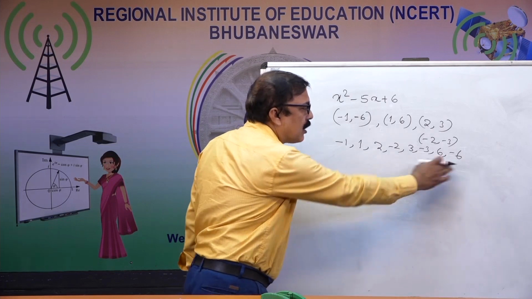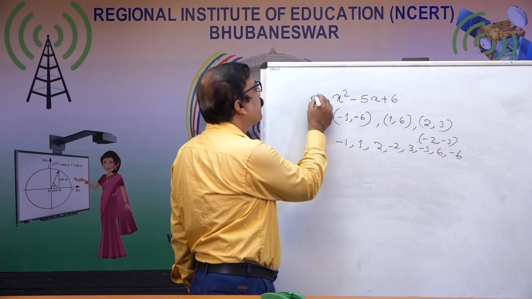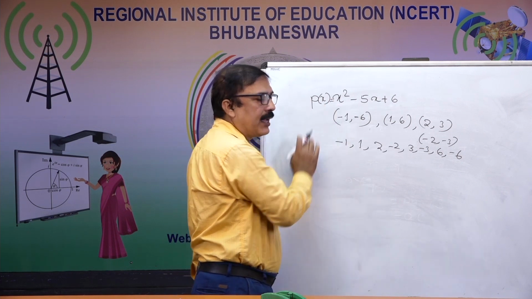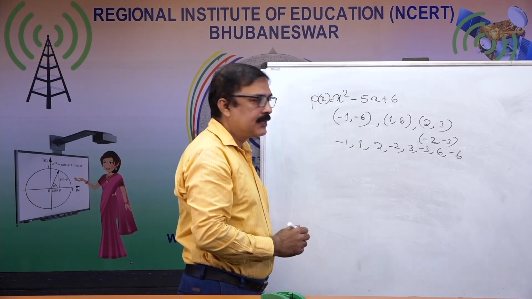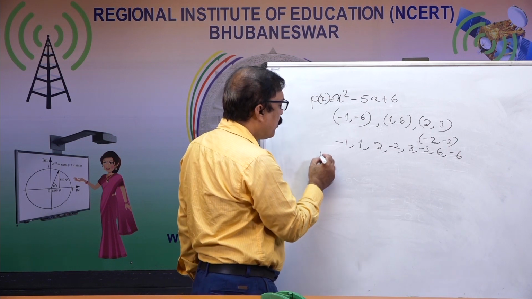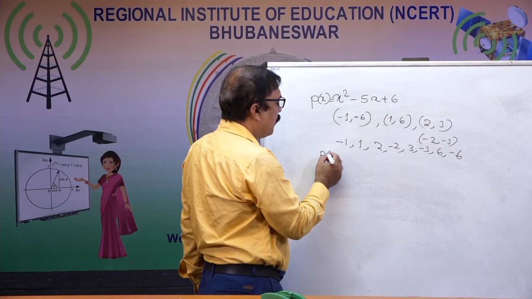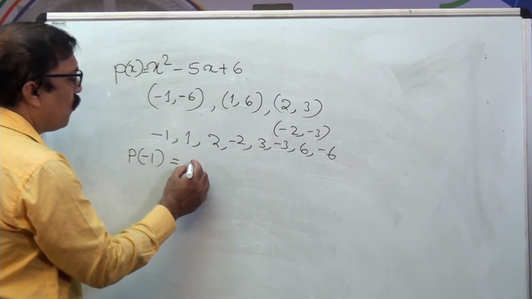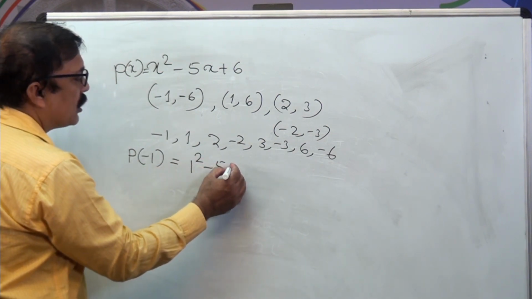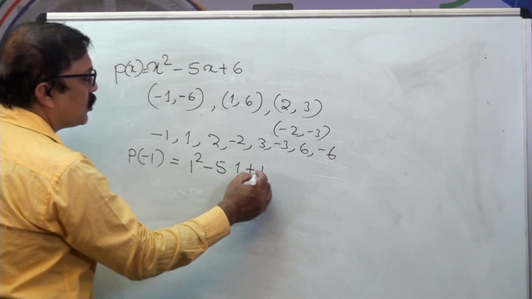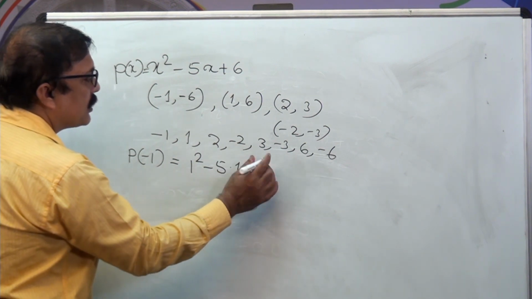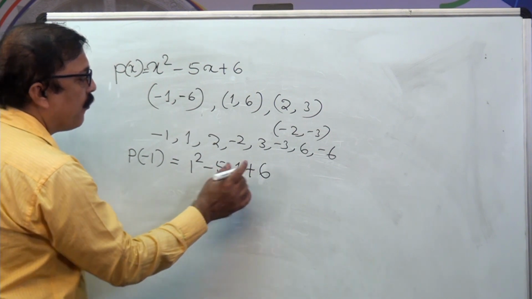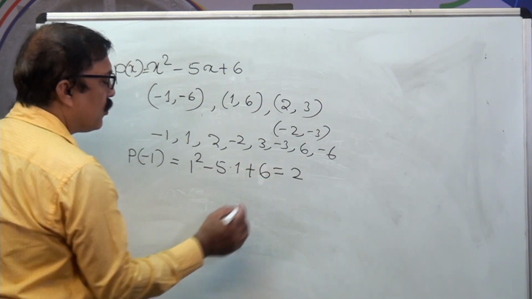Out of these numbers, if this is p(x), then find the value of p(x) at these points. If we put the value of p(minus 1), then we get 1 square minus 5 into 1 plus 6, that gives 1 plus 6 is 7, minus 5 is equal to 2.